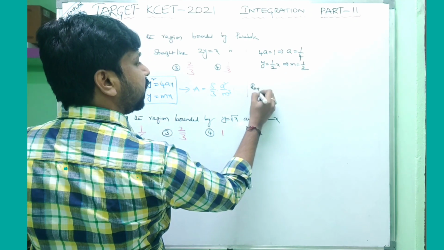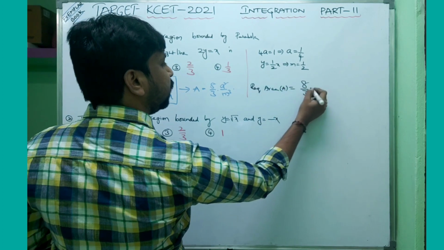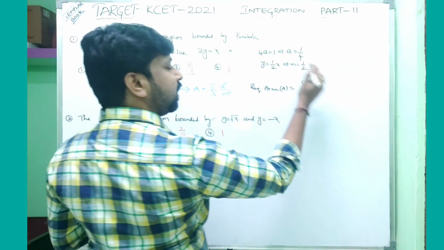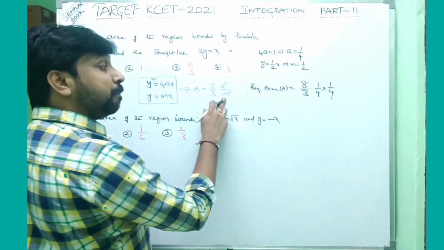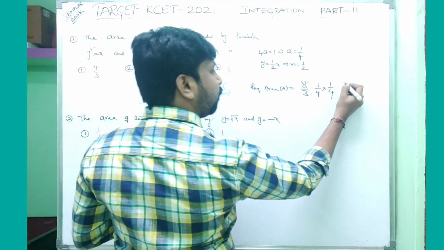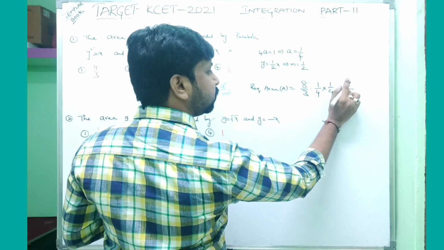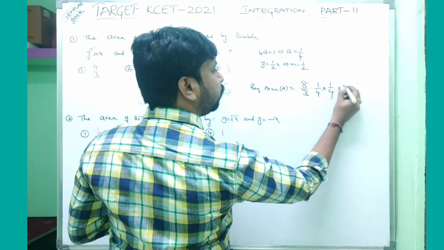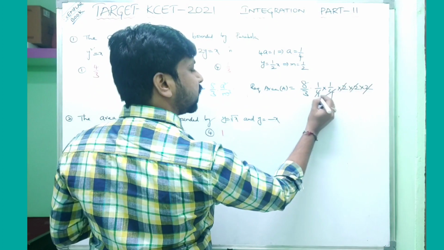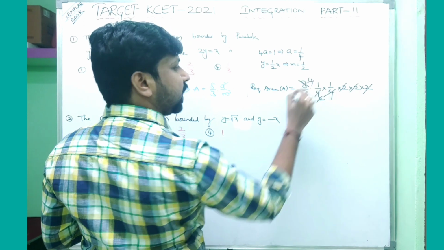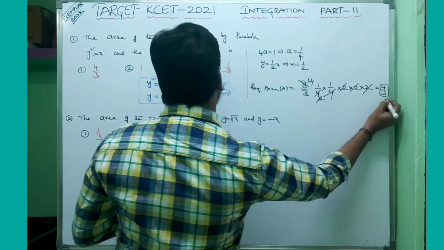Then the required area A is equal to 8 by 3 into a square, what is a? 1 by 4 into 1 by 4, a square in the sense, by m cube, by means 1 by m cube, 1 by 2 into 1 by 2 into 1 by 2. Hence in the numerator you can write 2 into 2 into 2. So 4 will be cancelled directly. 2 2s are cancelled. 2 4s are cancelled. The final answer will be 4 by 3. 4 by 3 is your answer.